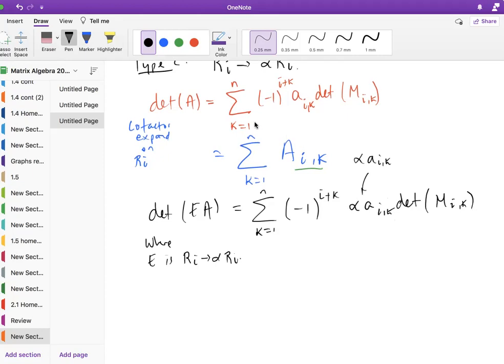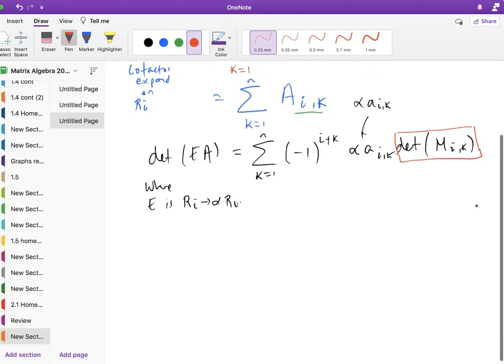Now, can someone tell me why I didn't bother looking at why the minor doesn't change?